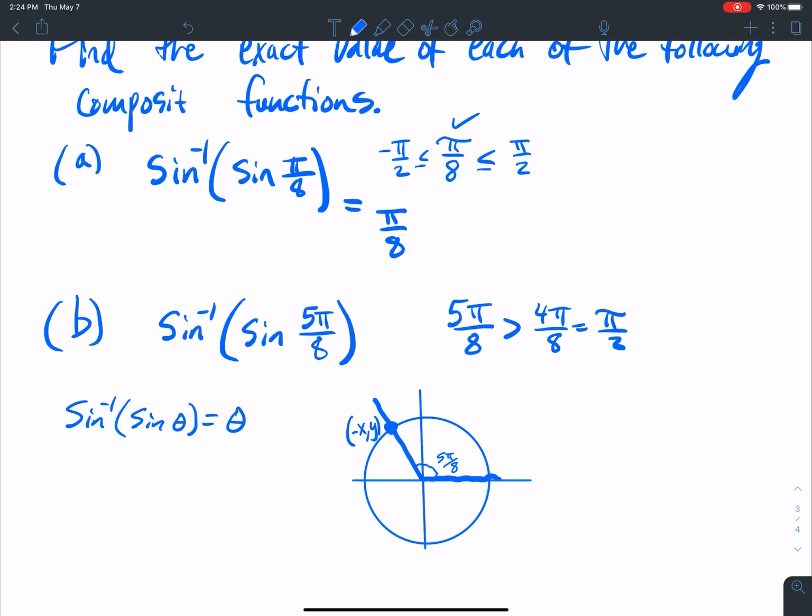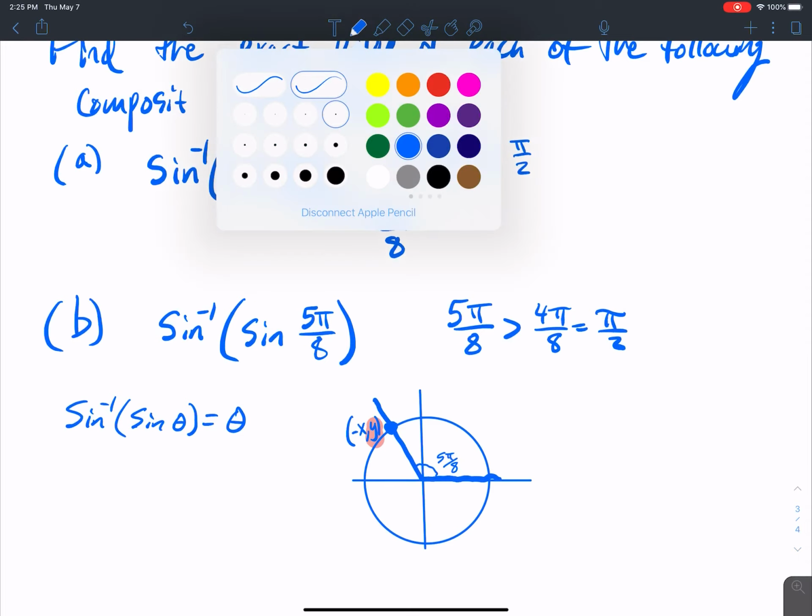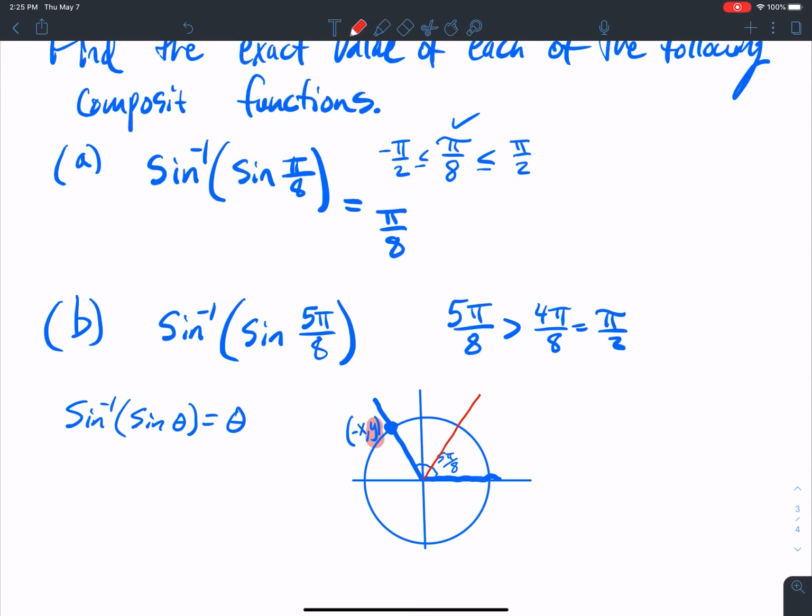So what else do we know? The sine of theta, that's the y value right here, is going to have the same y value over here, except the x is going to be positive, but we don't care about the x because we're looking for the sine.